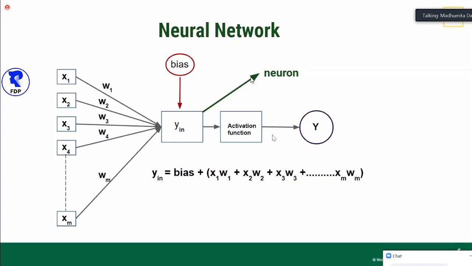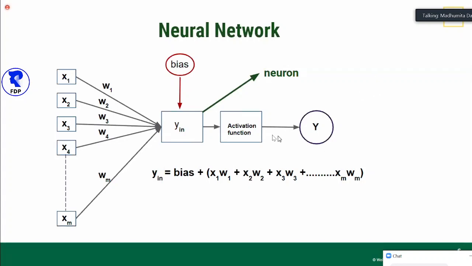The term, as I said, is used because this whole architecture is based upon how the human brain functions. So the terminology for it is neuron. But the difference for a neural network is that there is an additional activation function, which determines whether this neuron needs to be activated and the information needs to be passed on to the next layer.